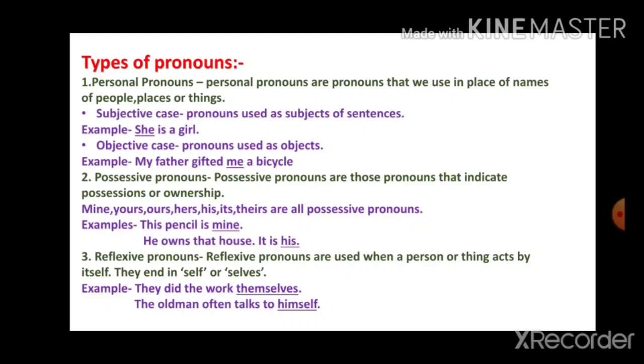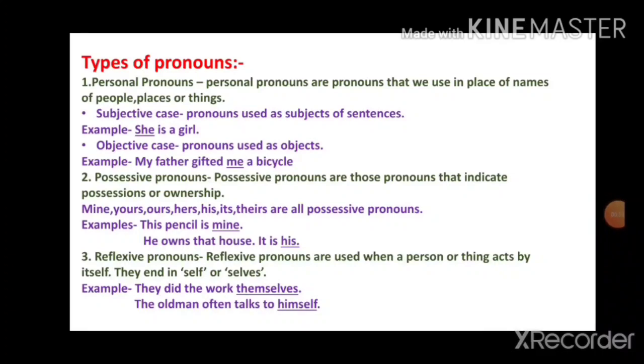And for objective case, pronouns used as objects, for example, my father gifted me a bicycle. Here me is a personal pronoun, and it is used as object of the sentence. So these are personal pronouns.